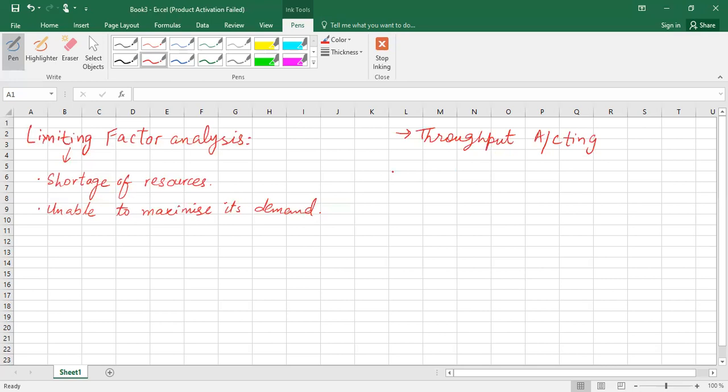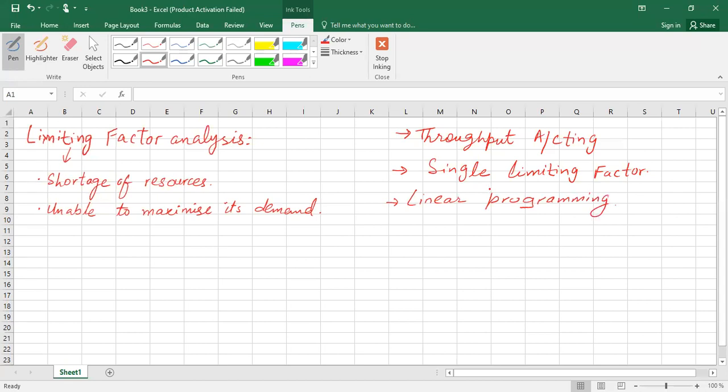Second, we are done with the single limiting factor, which is based on machine hours or labor hours or material. And the third one is linear programming. So today, first of all, we will discuss linear programming.